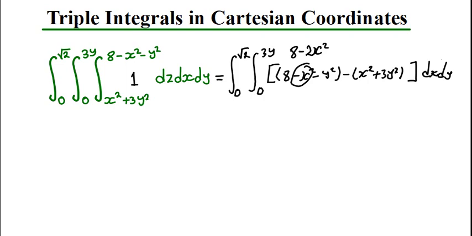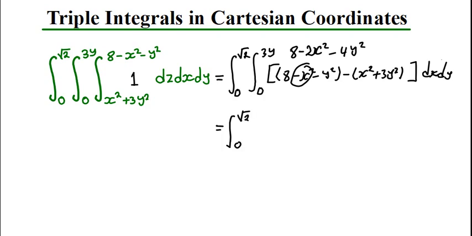The same applies to the part that has y: you have minus y squared, distribute the negative inside, you get minus 3y squared. Hence you end up with minus 4y squared. So this ends up being 0 to the square root of 2.